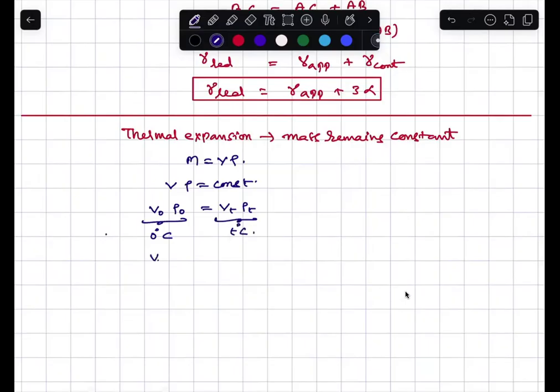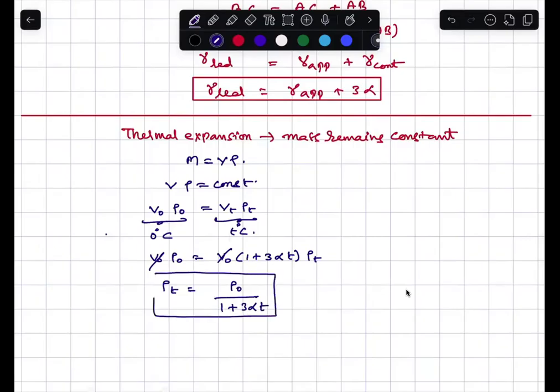But the issue is this. So rho T is rho naught by. Remember, when you are writing this expression, you are writing it for a solid, isotropic undoubtedly, but this is for a solid.